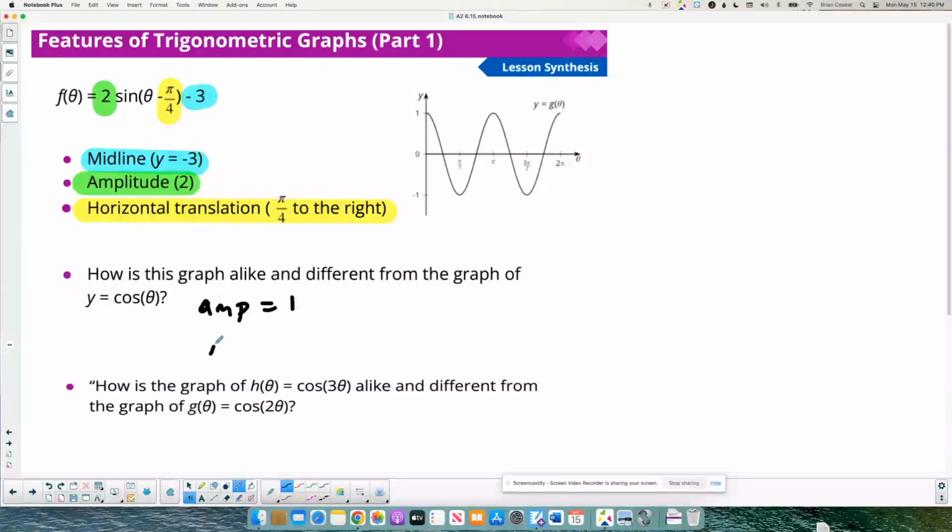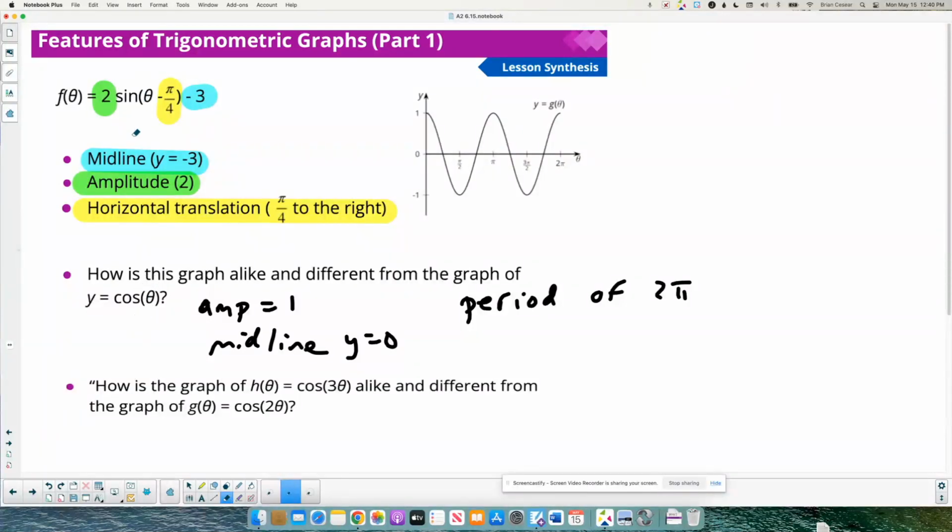Amplitude equals 1. Midline y equals 0. It's not translated horizontally. They have the same period length. They both have a period of 2 pi. How do I know? Because there's a 1 in front of there and a 1 in front of there. So 2 pi divided by 1 is still 2 pi.